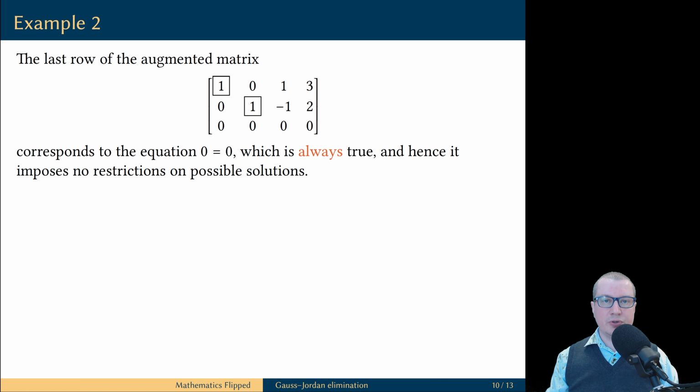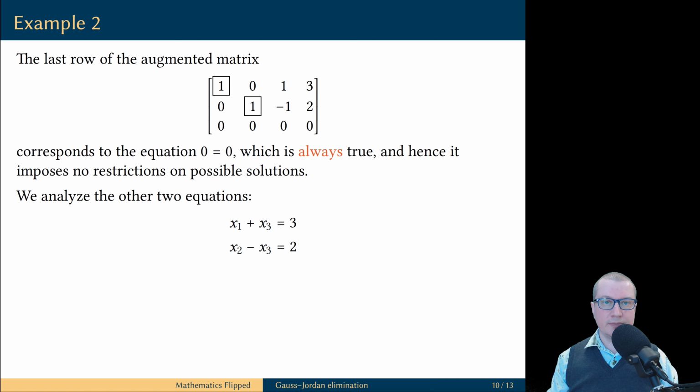First, let's observe that the last row, the 0 row, corresponds to the equation 0 equals 0, which is always true no matter what the value of variables, and therefore this equation imposes no restrictions whatsoever on the solution set of the linear system. We need to concentrate on the other equations which correspond to non-zero rows.